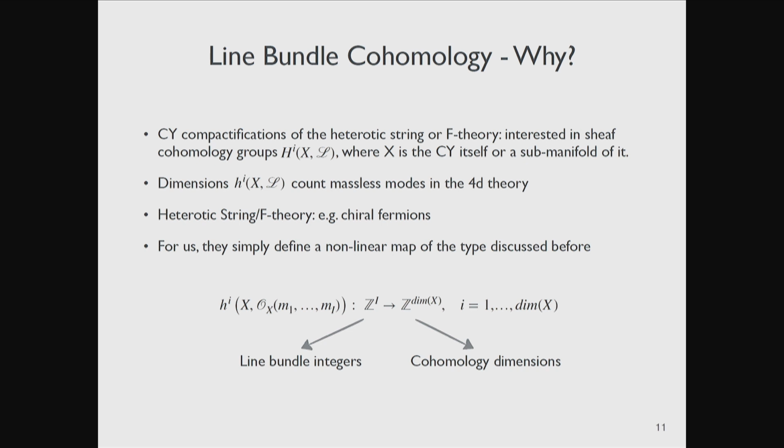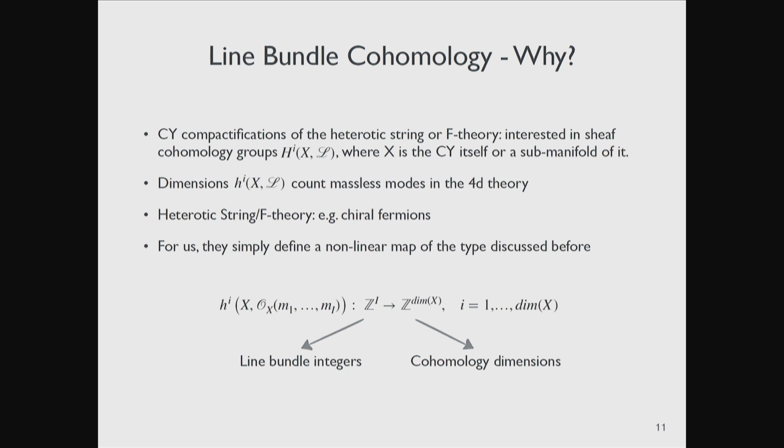Okay, so why do we study line bundle cohomology? If we compactify the heterotic string or consider F theory, then we're interested in the cohomology groups of some line bundles, or more generally vector bundles, on the Calabi-Yau itself or some submanifold of it.